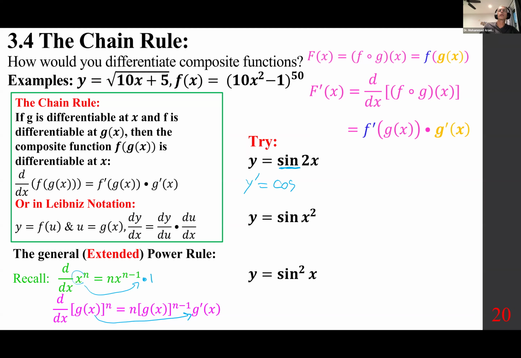And I'm going to pause again. Every trigonometric function must have an argument, otherwise it's meaningless. So cosine by itself is meaningless, and you have to use the same argument, namely 2x. Also, the chain rule says you need to multiply by its derivative, which is 2, and you put the 2 in front, and you say y prime is 2 cosine 2x.